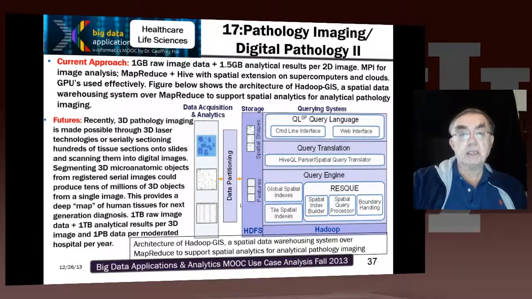The next use case is pathology imaging. Pathology is an important area, and it's another one of these areas which has a huge amount of images. Remember, in the original, I pointed out that this year there are around 70 petabytes of medical images taken each year, not including cardiology.